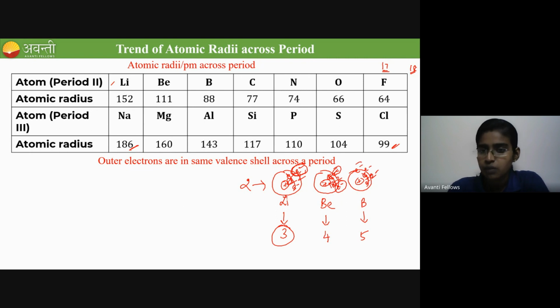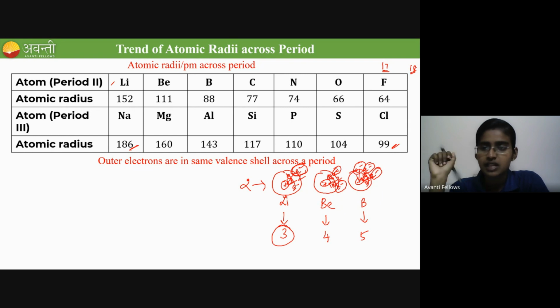And boron has 3 electrons in its valence shell, so all 3 will get attracted towards the nucleus. So what is happening? Electrons are getting added into the same shell, due to which the force of attraction between the nucleus and the electrons increases. If the force of attraction increases, contraction occurs, right? So that's why the atomic radius decreases from left to right.